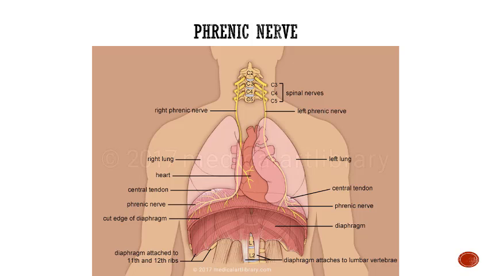This muscle is huge. It really does a lot of the main work for breathing in. And so if that is paralyzed even partially, it can really affect a patient's lung capacity and ability to breathe effectively. So that is why we care about that particular innervation.